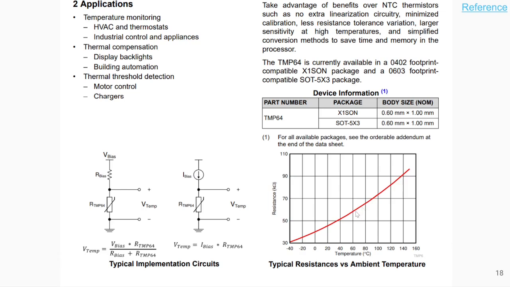And here's the temperature to resistance curve. As you can see, it's not that linear. You can assume this to be almost linear, but I see a bit of a curve in here, so it does require a bit of software calibration, or maybe a calibration in the circuitry, in order to achieve the required accuracy in your design.